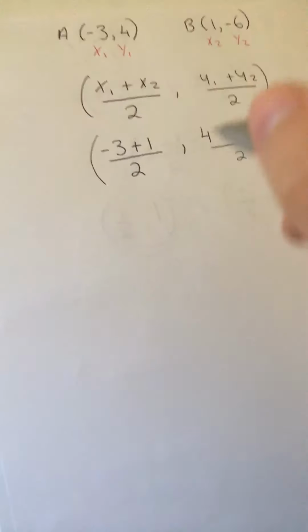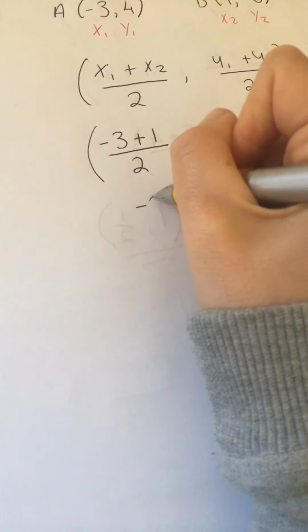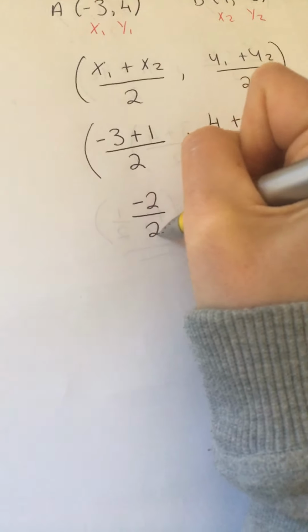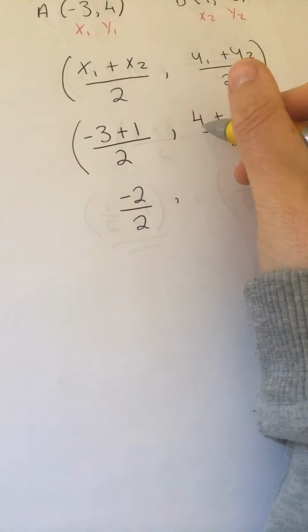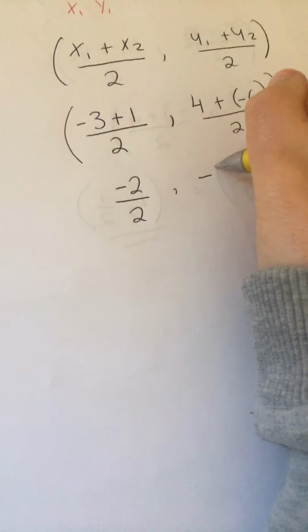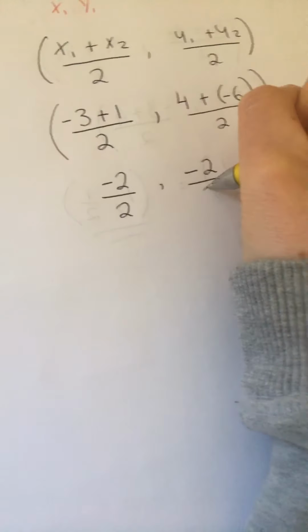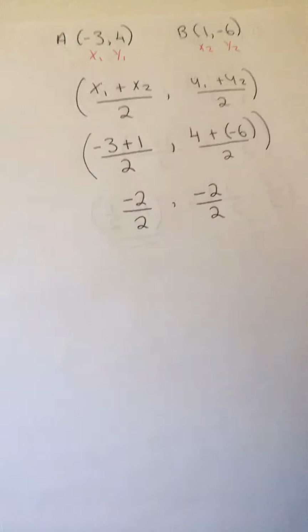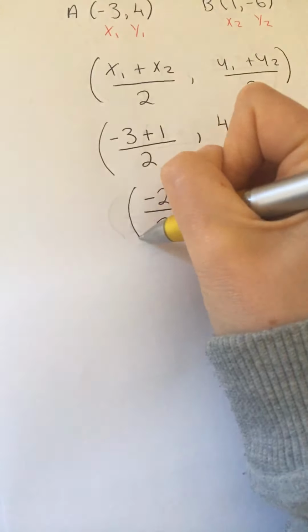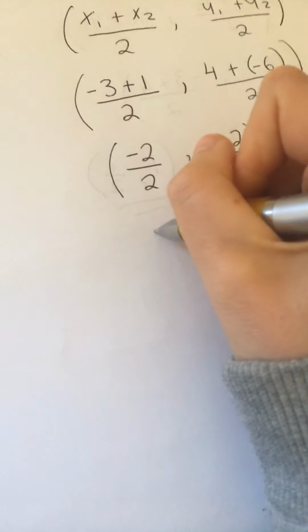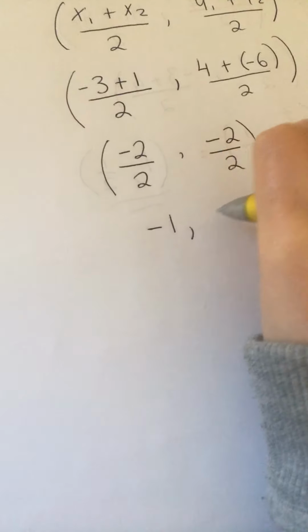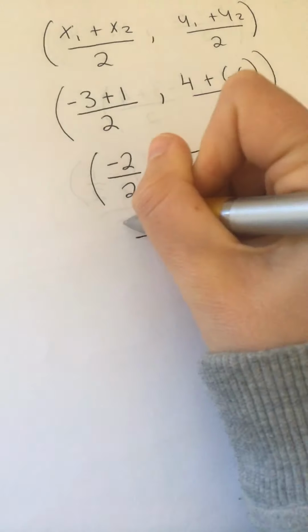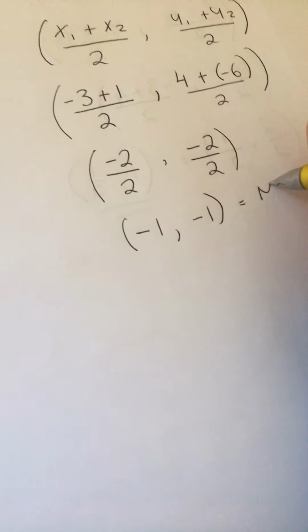Minus 3 plus 1 is minus 2 all over 2. 4 minus 6 is minus 2 all over 2. Minus 2 divided by 2 is minus 1. So we have minus 1 equals m.